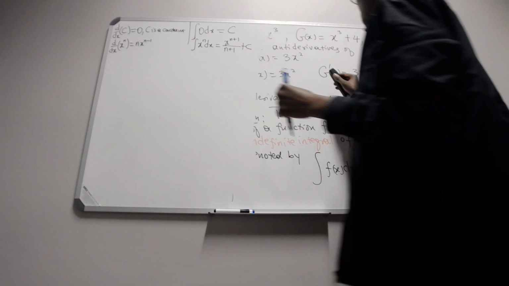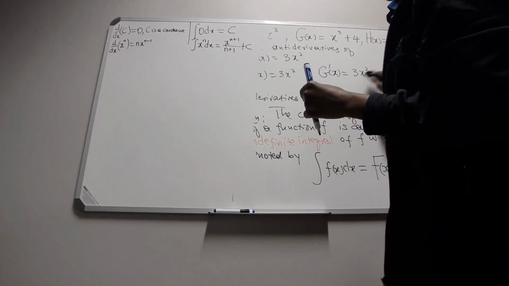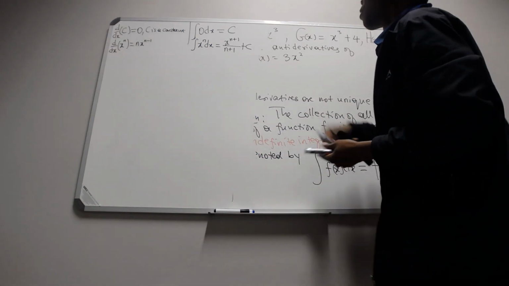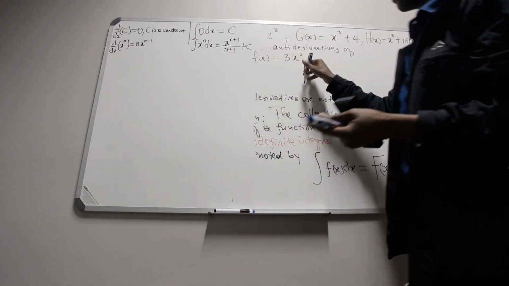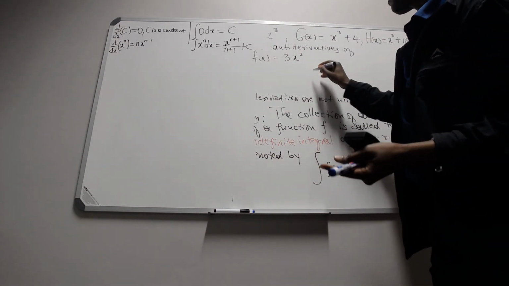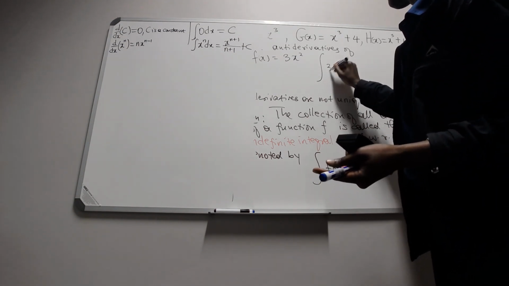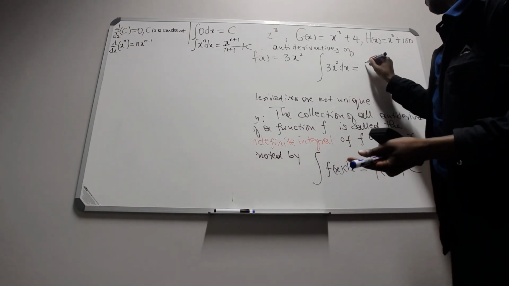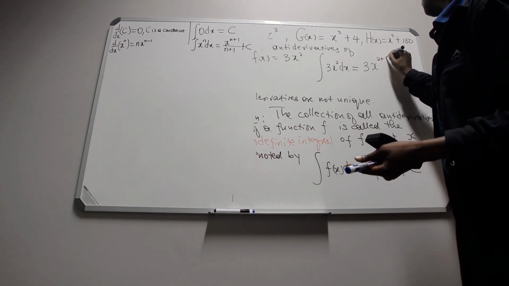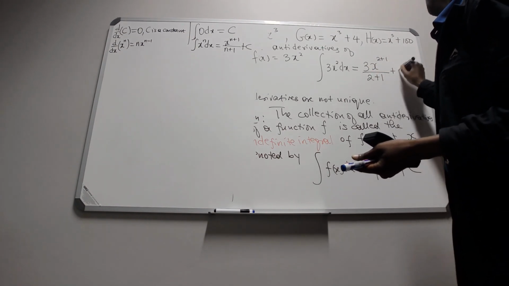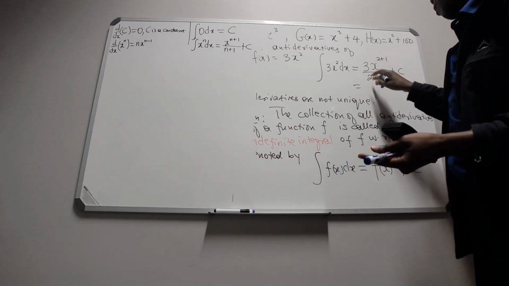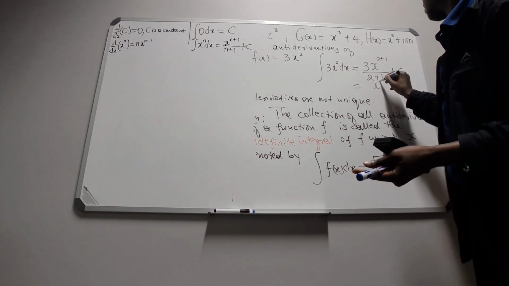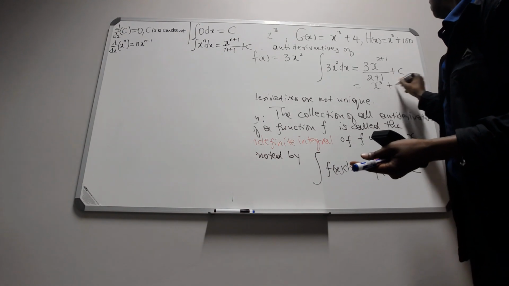Then if you look at what we have here, since we said that all these are antiderivatives of a function f of x, it tells us that the integral of 3x squared dx is going to be equal to 3 times x to the power 2 plus 1 over 2 plus 1 plus c, which is x cubed plus c.